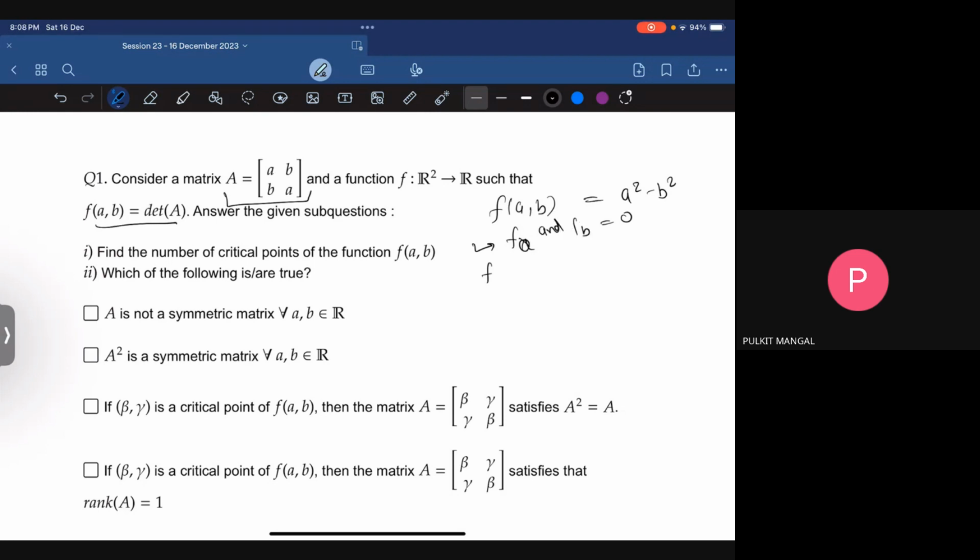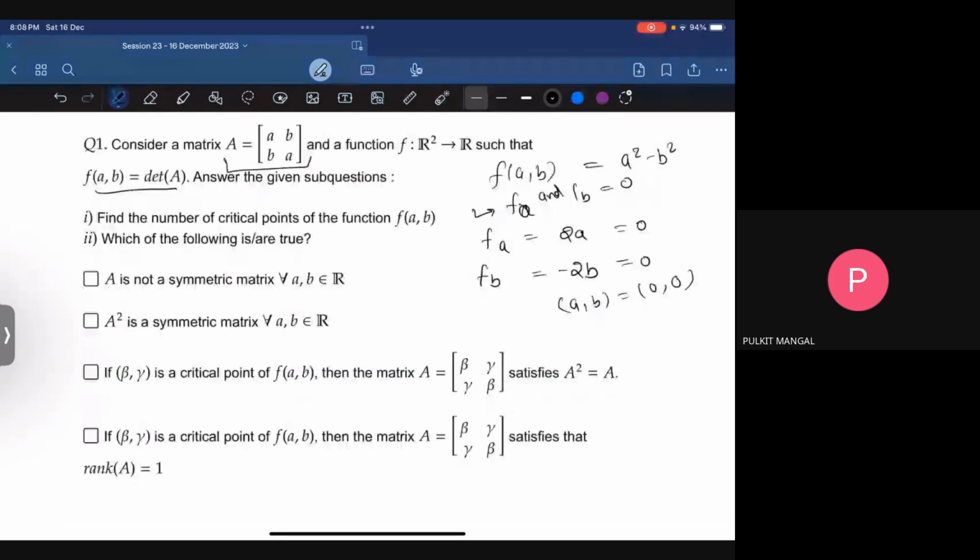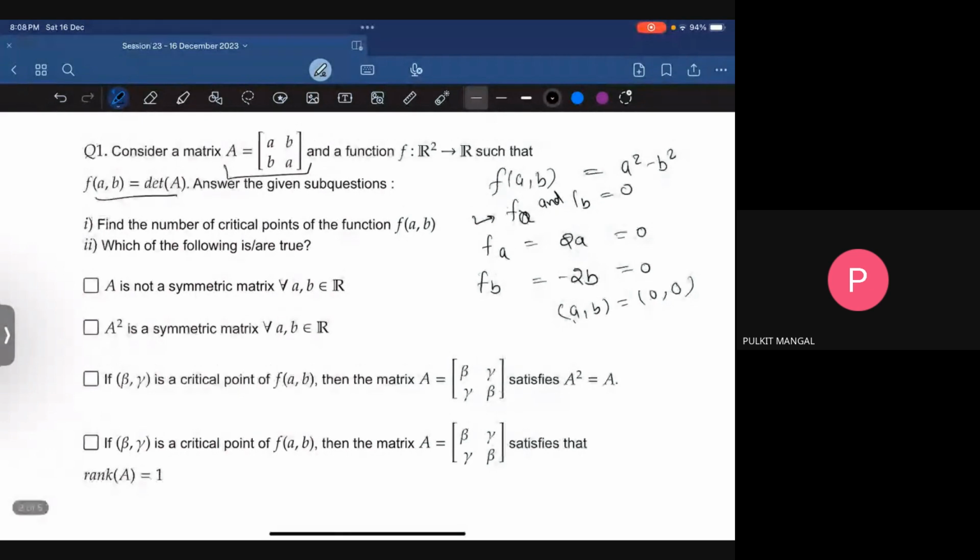Let's take f_a, it will be 2a, and f_b would be negative 2b. We can equate them to 0. So we have only one critical point, that is just (0, 0). At the point (0, 0), it can be a local maximum or minimum, or a saddle point. So the number of critical points is only one.